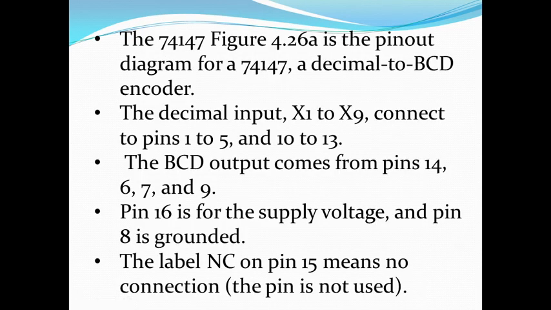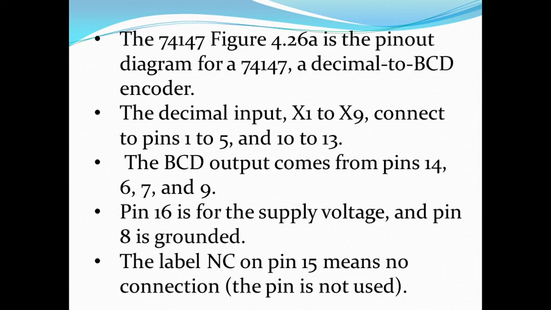Now this kind of circuitry we are not going to prepare manually with OR gates and switches, but instead we are going to utilize an IC available in TTL format. The IC is 74147, and we are going to study its pinout diagram. This IC is normally known as a decimal to BCD encoder.